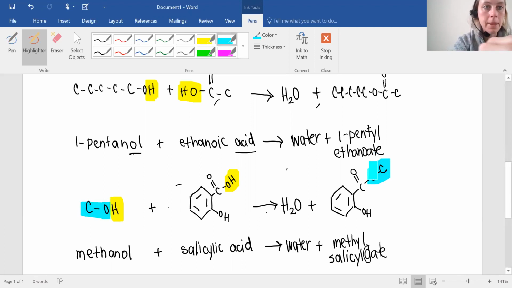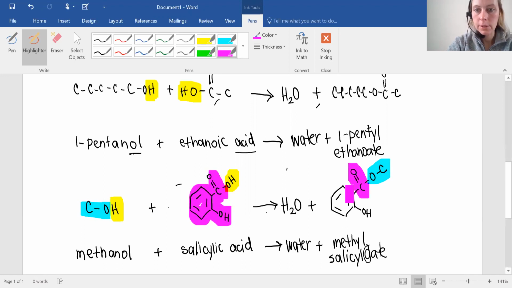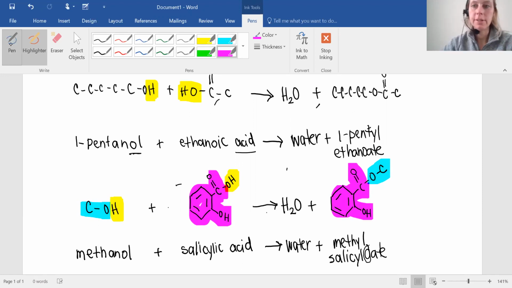There we go. And then I think I made everything else purple for the acid. All right, so you can see where the water comes out and how it's connected. And you don't just take away anything. Make sure that you focus on just that portion. I'm going to stop recording.